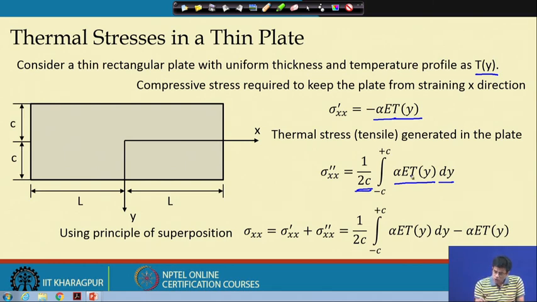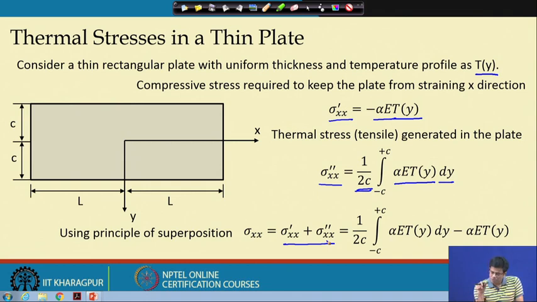So, now these two stresses, sigma xx dash and sigma xx double dash, should be balanced. That we can do with the help of the principle of superposition. So, now using the superposition, I can write this must be the total stress along the x direction.